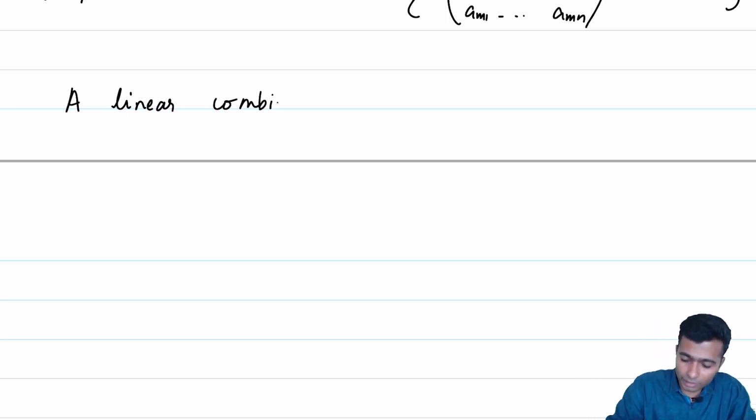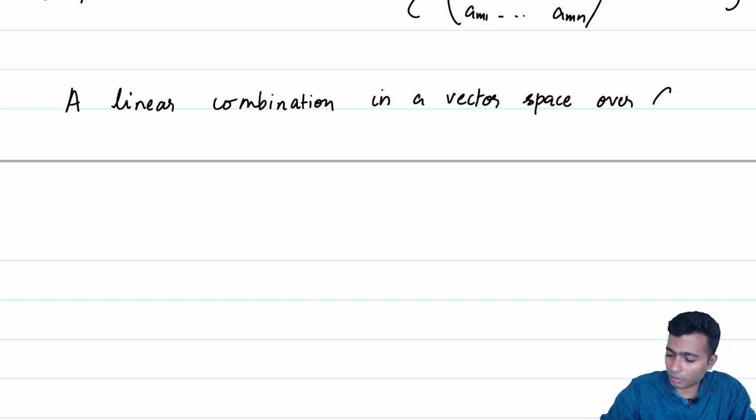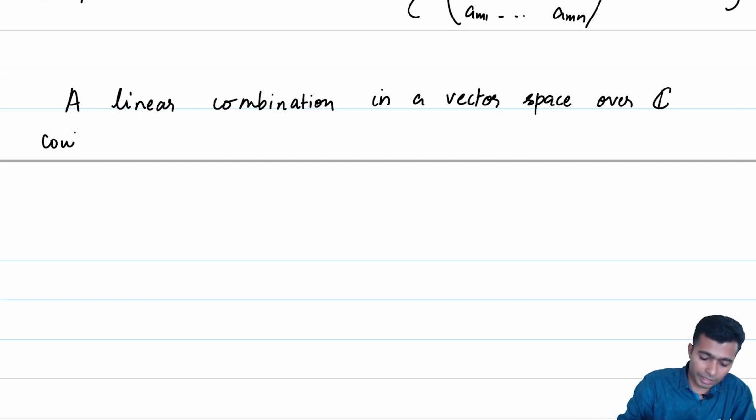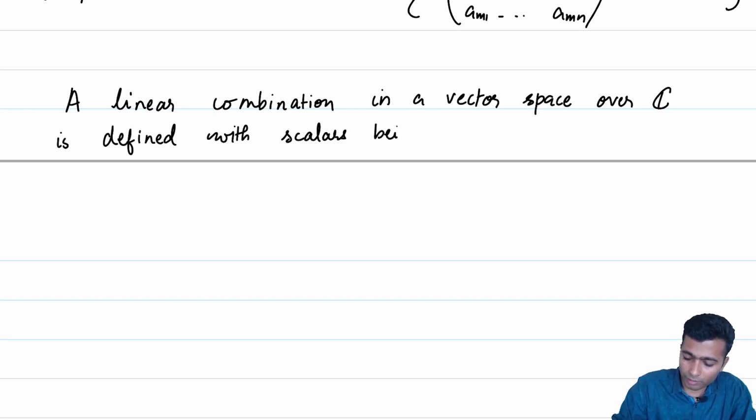Now we could define a linear combination within a complex vector space. In a vector space over C, it is defined rather analogously. It's defined with coefficients or scalars being complex numbers.